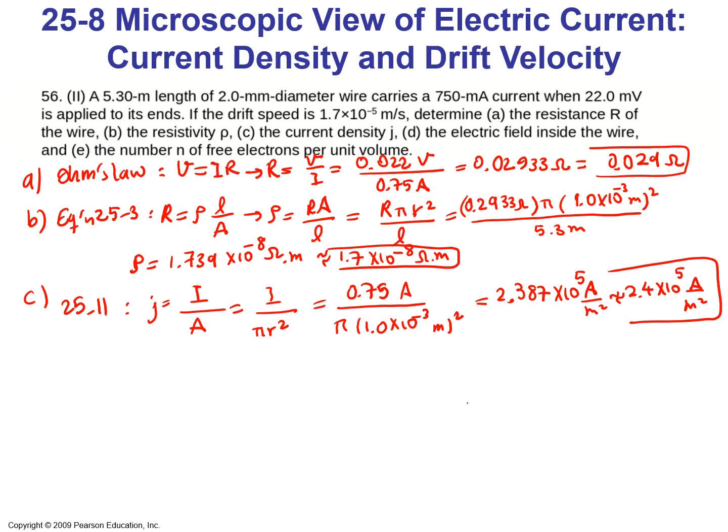For part D, we should use equation 25-16 to find the electric field.